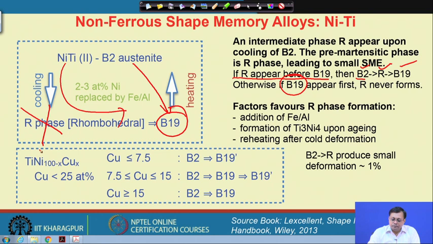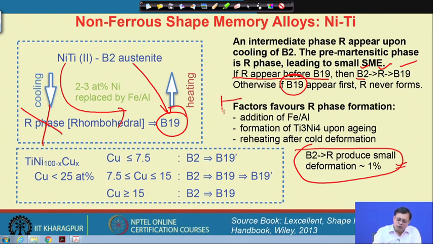So, we can think about why we really need this R phase, because this R phase formation produces a very small amount of transformational strain, and that is why sometimes it may or may not be preferred.